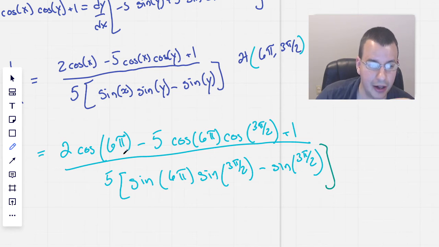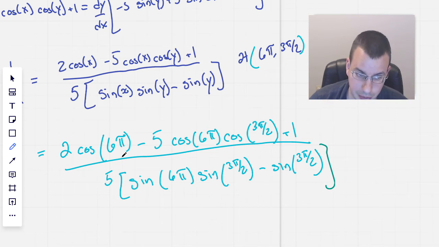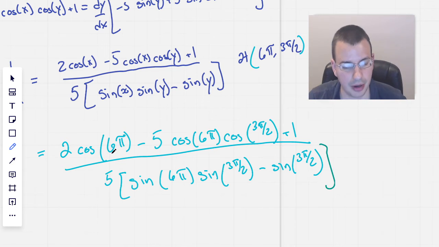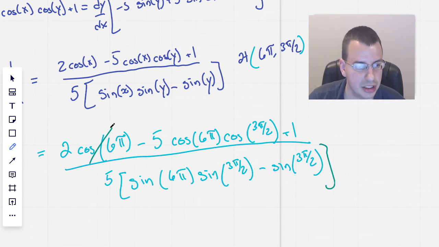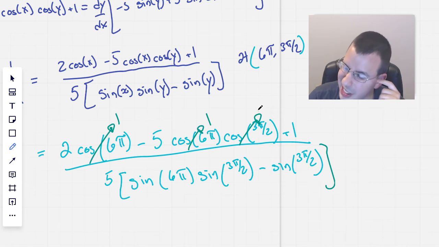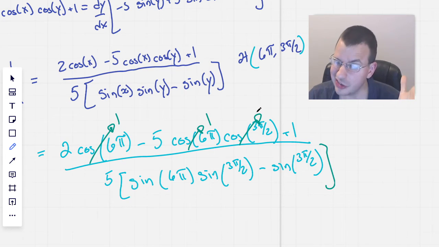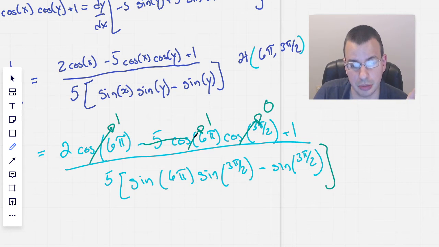Okay, cosine of 2π is the same as cosine of 0, and 4π and 6π, which is 1. Cosine of 3π/2 is the same as cosine of 270 degrees, which is 0, which means this whole portion goes away. We're left with 1.